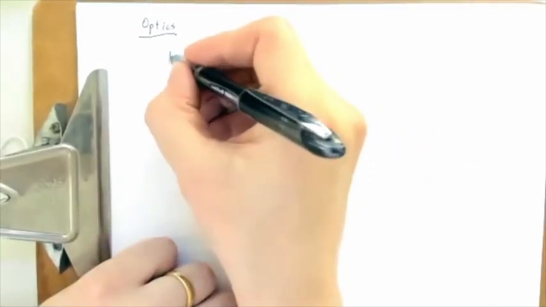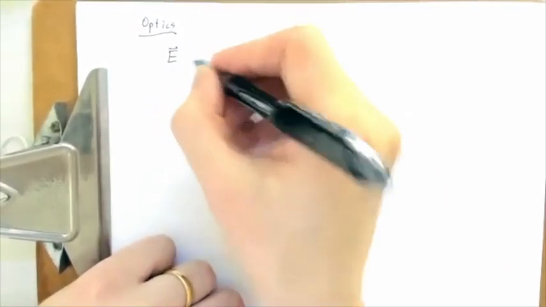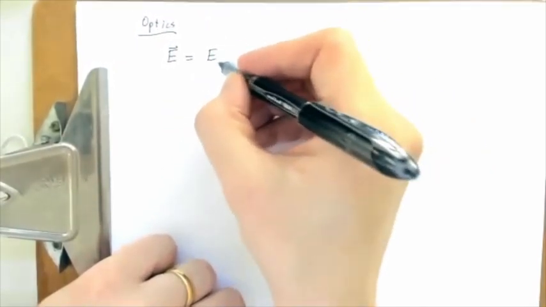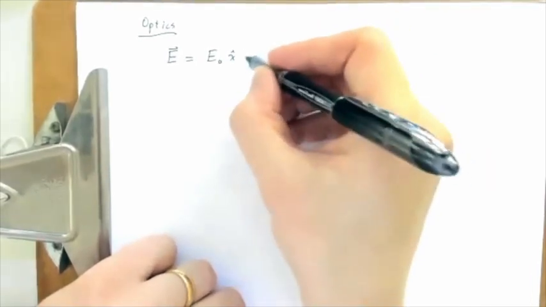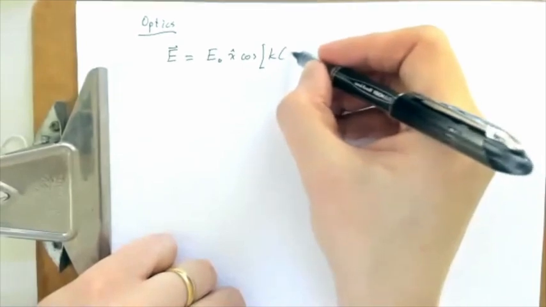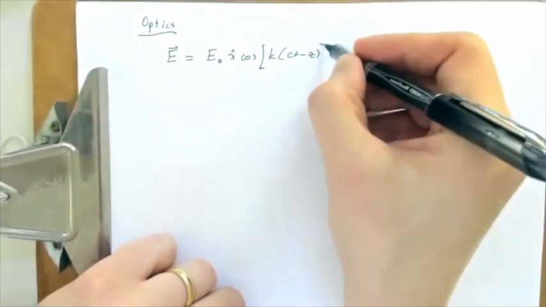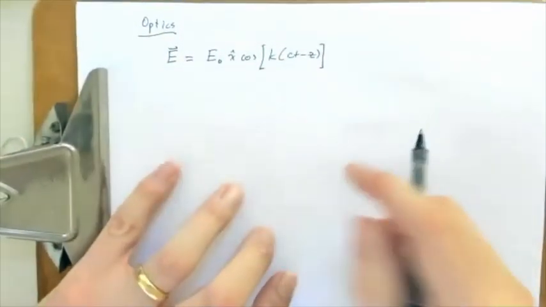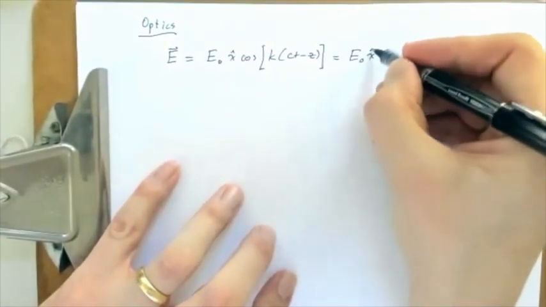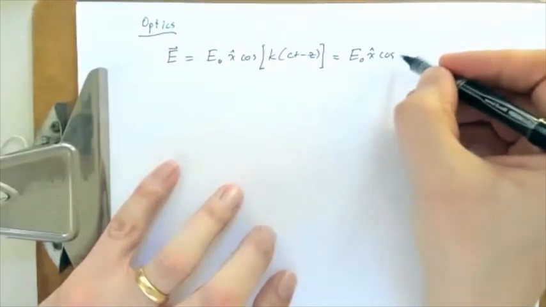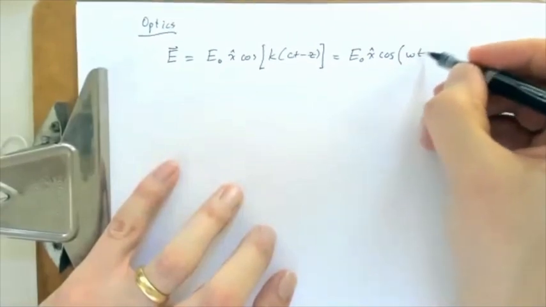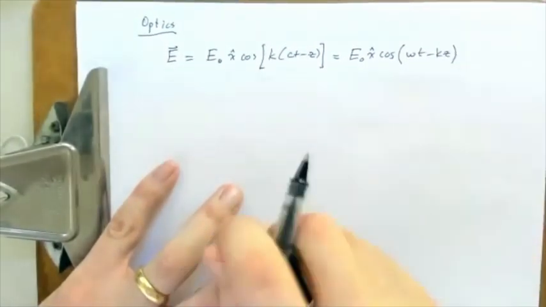So remember that we had our electric field when we did our first wave equation. We had this cosine, and then there was k(ct minus z). Or using the angular frequency, we had cosine of omega t minus kz.